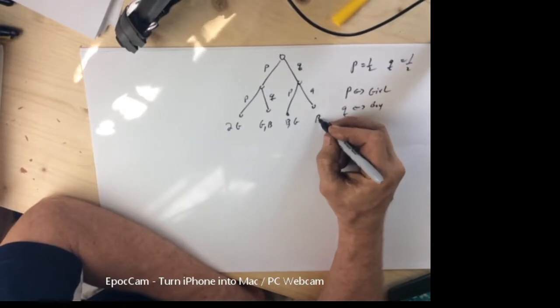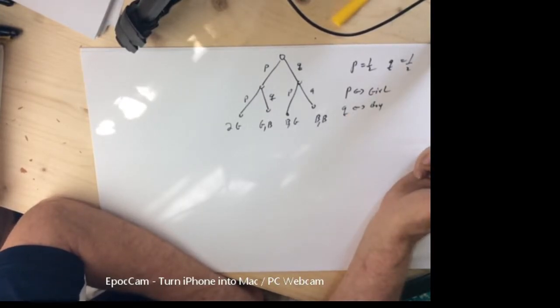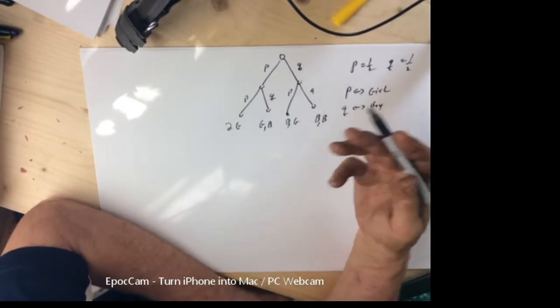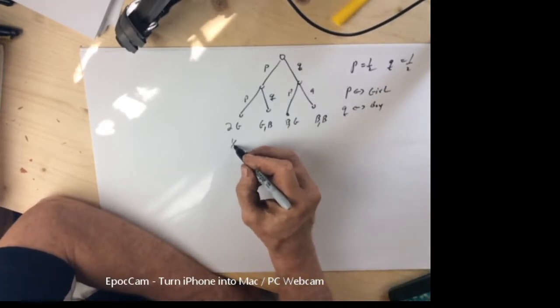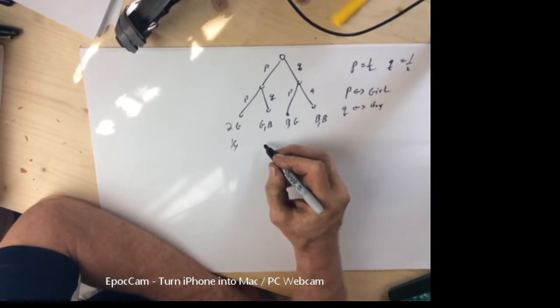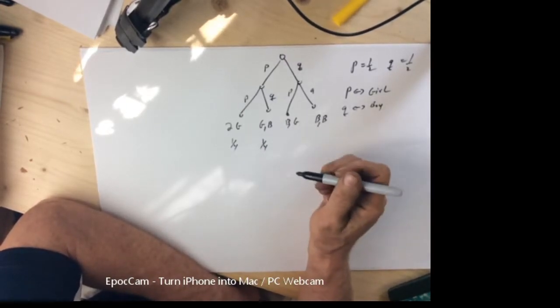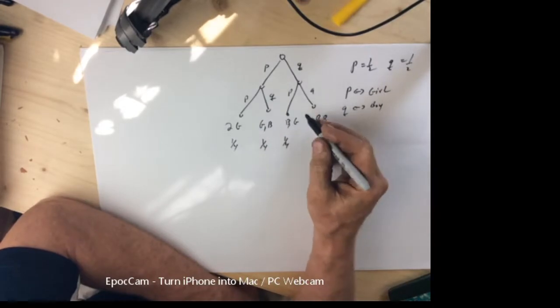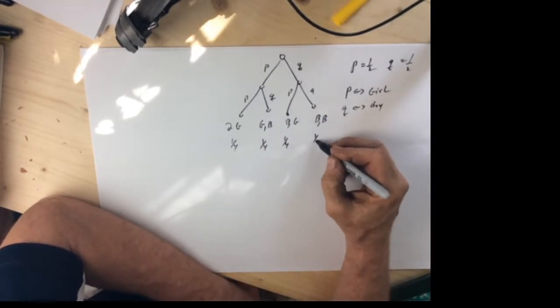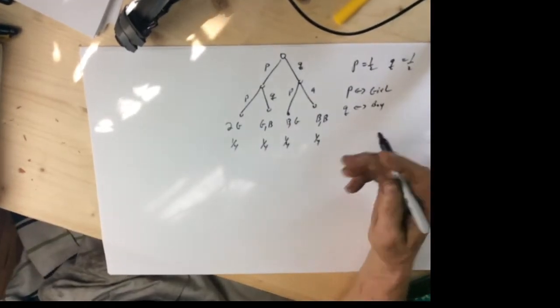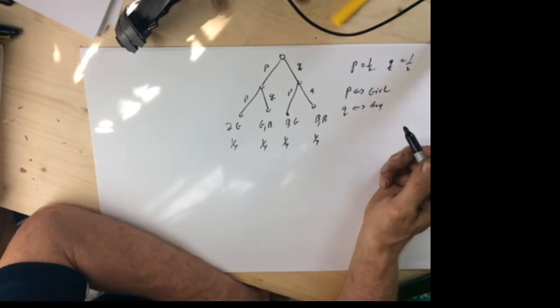And this here says it's a boy followed by a boy. So the Bernoulli is just telling us that there's a 1/4 chance of having two girls, a 1/4 chance of a girl followed by a boy, a 1/4 chance of a boy followed by a girl, and a 1/4 chance of a boy followed by a boy, just multiplying the probabilities.